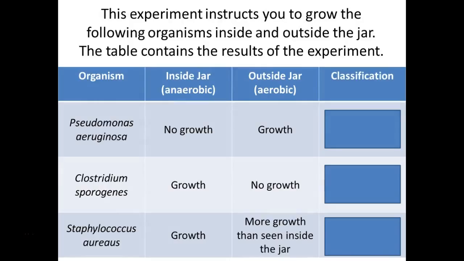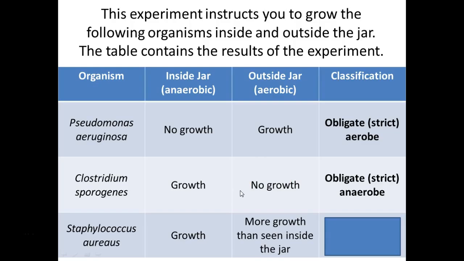Okay, so these organisms are our controls. But what are they a control for? So if Pseudomonas has no growth in the anaerobic conditions inside the jar, and it grows outside, this is our aerobe, right? Because it only grows under aerobic conditions. Clostridium sporogenes grew inside the jar, but not outside.